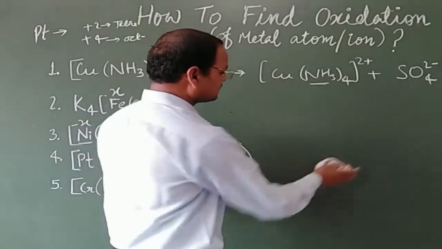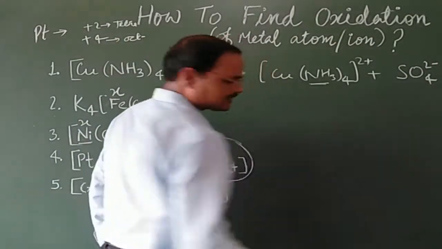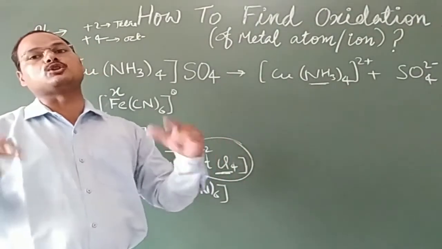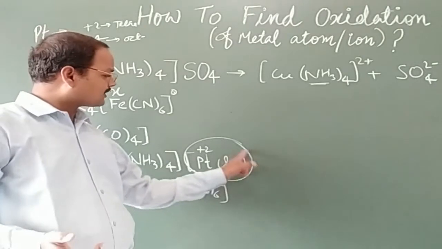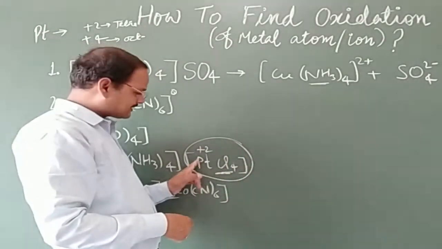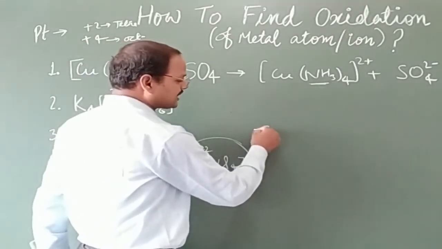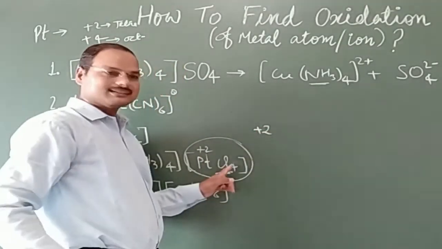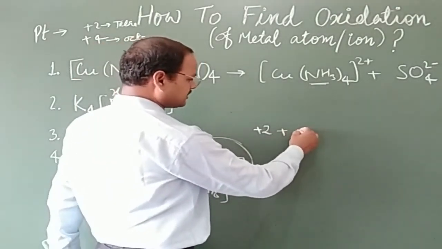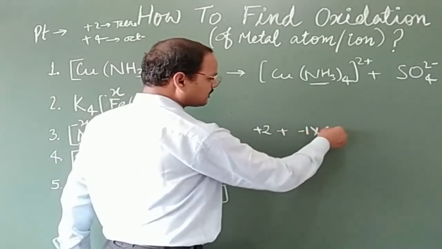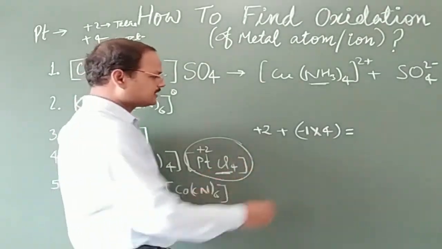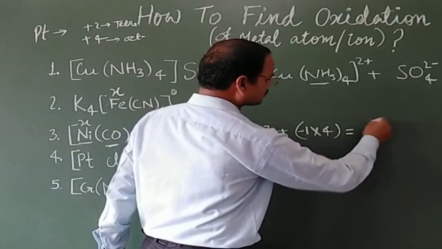In this case, as you know, the sum of charges of all species should be equal to the overall charge. Here we have to find the overall charge on this ion. In this case platinum has plus 2 charge, and chlorido has 1 negative charge, so the sum of these charges will be plus 2 plus minus 1 into 4, and we solve this, the charge present on this will be minus 2.